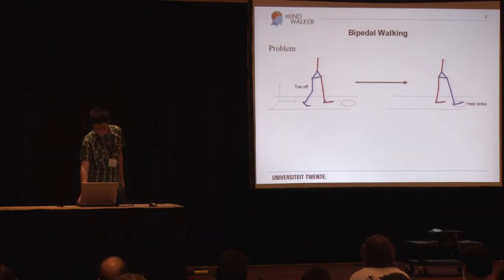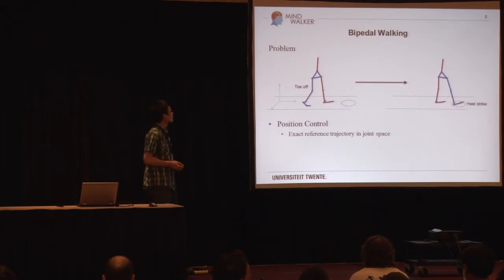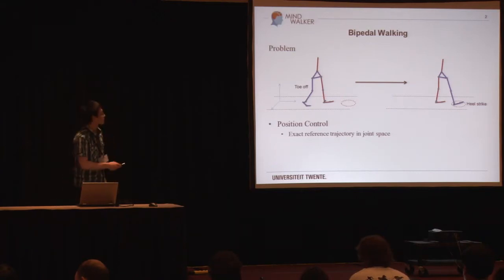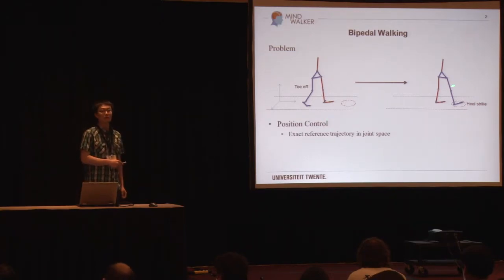Many solutions are given. We can use position control, where we define a very exact joint reference for every joint, and we drive the legs there. But for these strategies we have very stiff joints, which is not adaptive to changes in the environment.